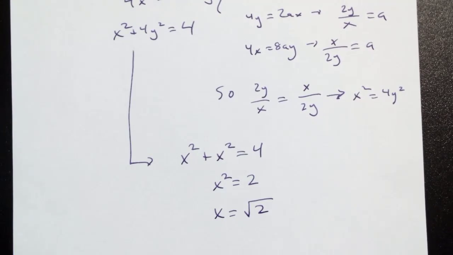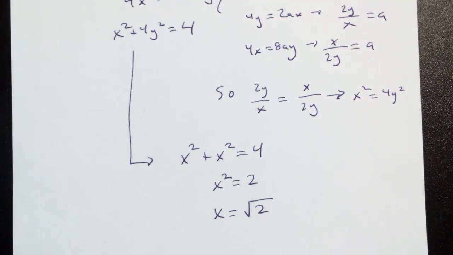Why do I know that x must be the positive square root of 2, not the negative one? We put it in the first quadrant, x is positive. Same thing with y.